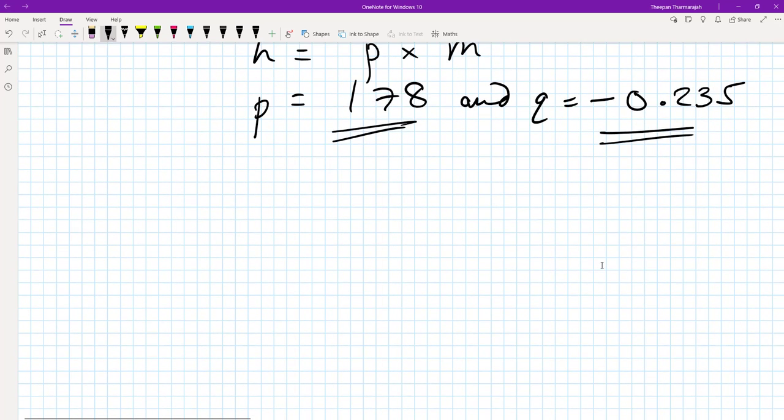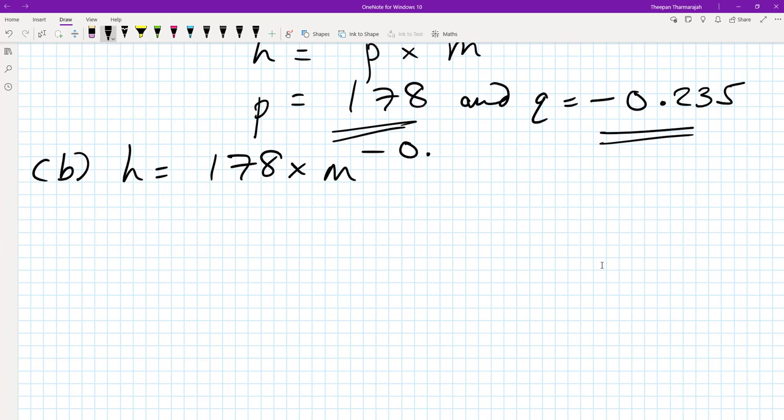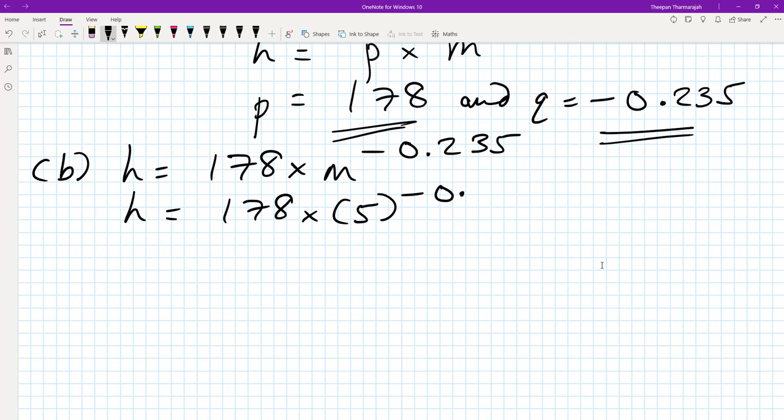So for part B, what we can do, we can say h is 178 times m raised to the power of minus 0.235. So h is 178 times, now the mass is 5 in our case, raised to the power of minus 0.235.